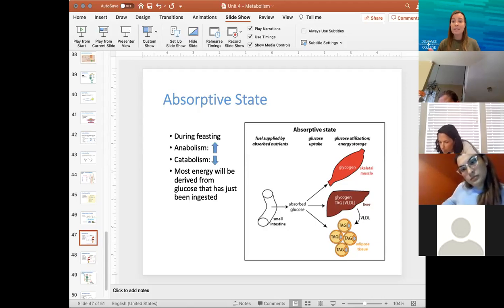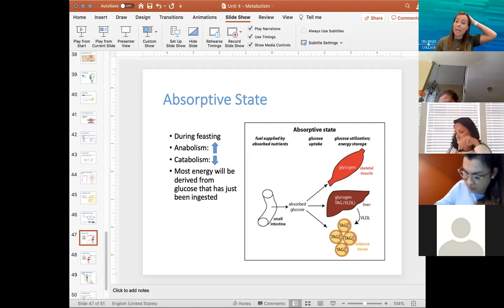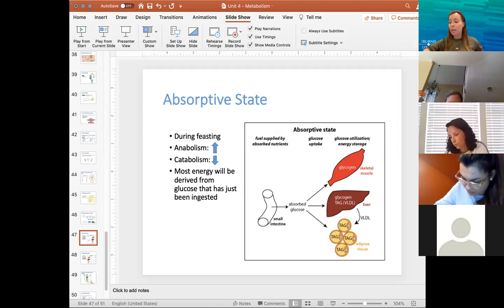So you have excess and you're going to have to store it. The way that we store glucose is by making glycogen. So yes, we would be performing glycogenesis because that's the way that we store all of this excess glucose that we've just eaten. So you can put a check mark or put a yes next to glycogenesis. That would be happening.